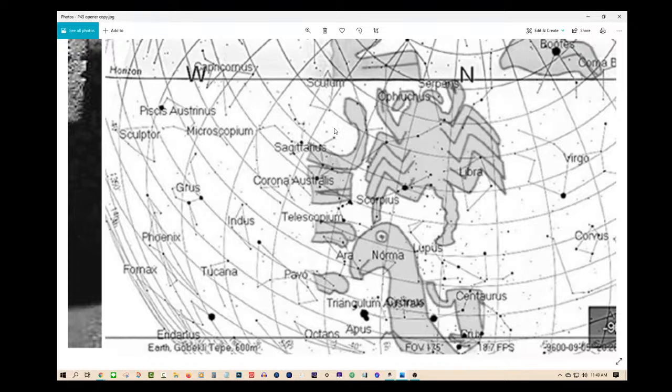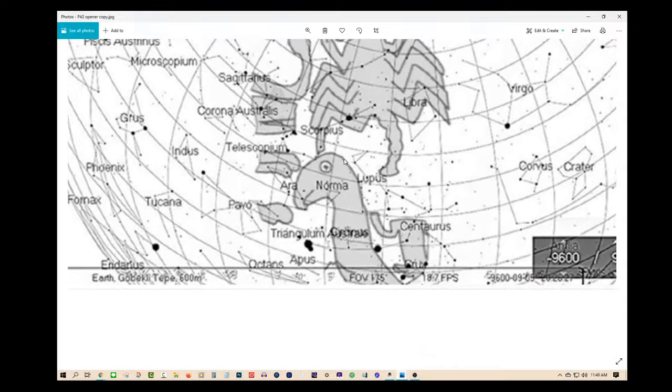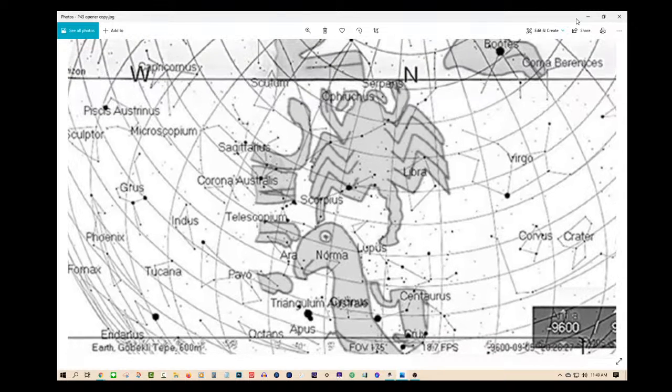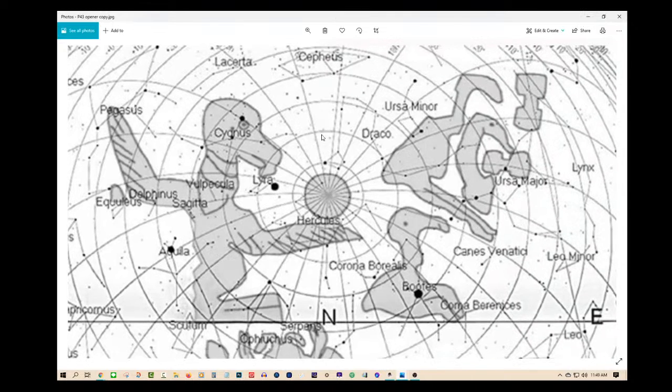They're trying to say that's Sagittarius right next to the Scorpion. But if you look at the way the Scorpion is, the Scorpion's shaped differently as well. So that's another issue. The Scorpion is orientated differently. So where's Sagittarius? It's kind of a stretch. The only thing that really gets me is this Cygnus shape right here. Now, if they're right about that, then I think it's pretty strong, but let's take a look at the pillar one more time.